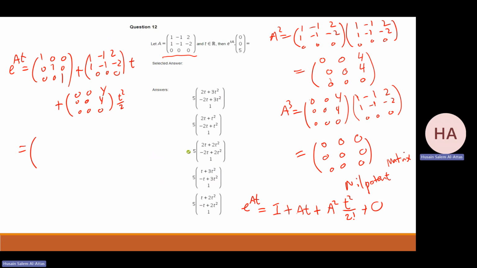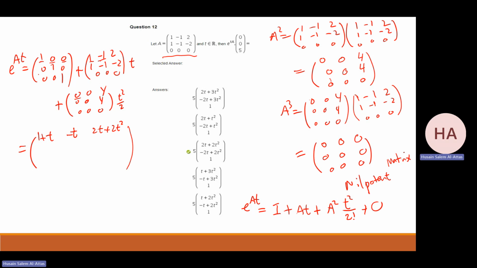That will be, first row, first element, 1 plus t. Second element, 0 minus t. Then 2t plus 4t squared over 2, which is 2t plus 2t squared.